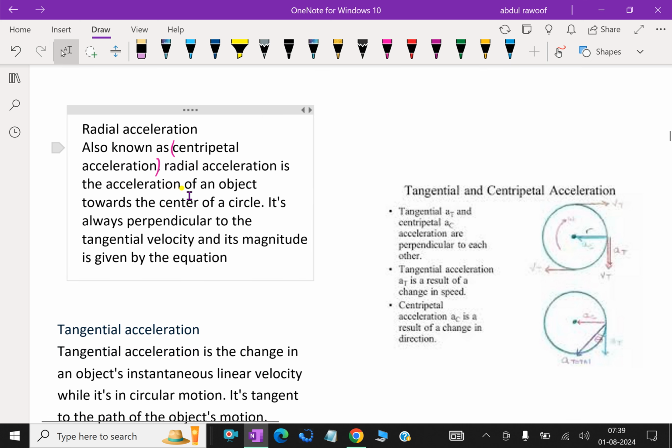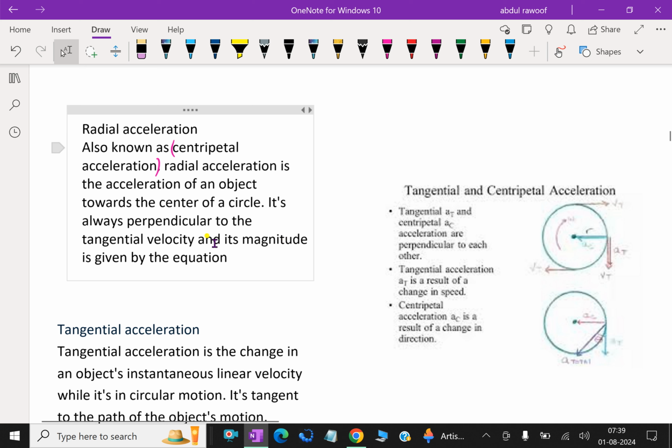Radial acceleration is the acceleration of an object towards the center of the circle, that is, of a body rotating around the circle. Centripetal acceleration is radial acceleration, and it is towards the center.